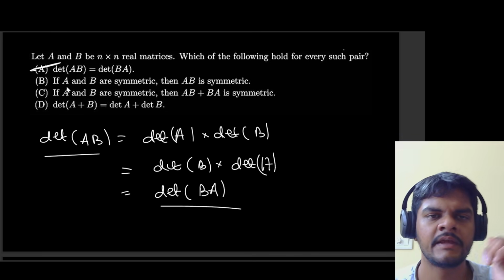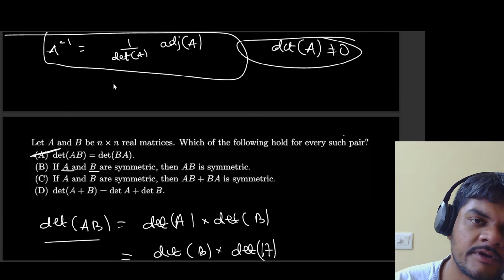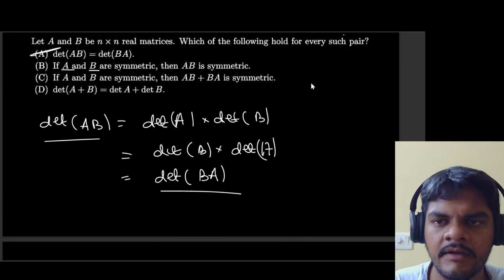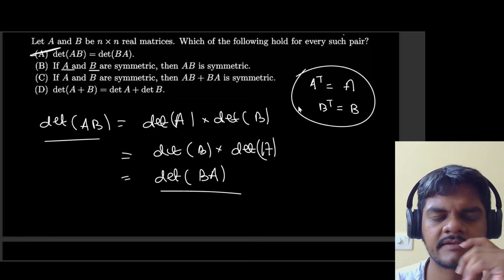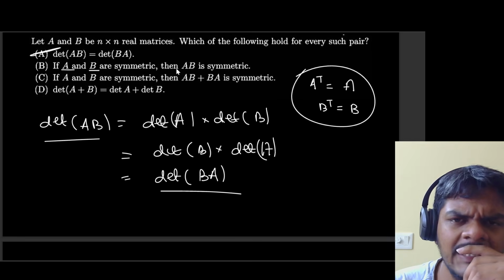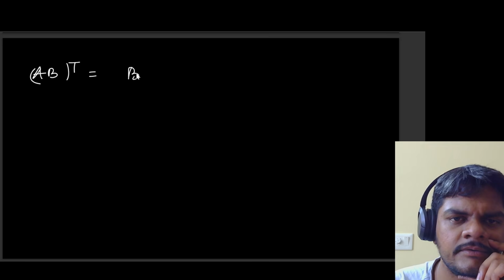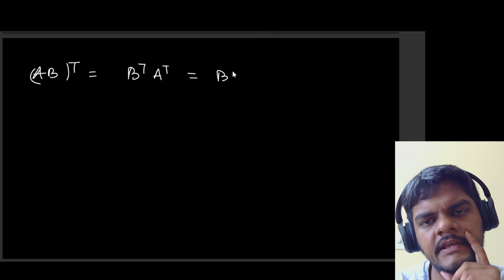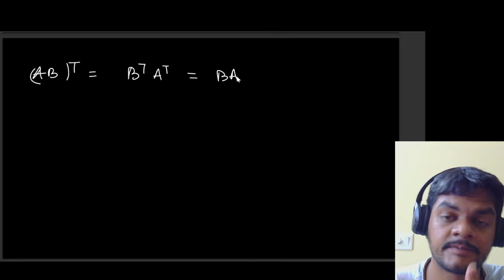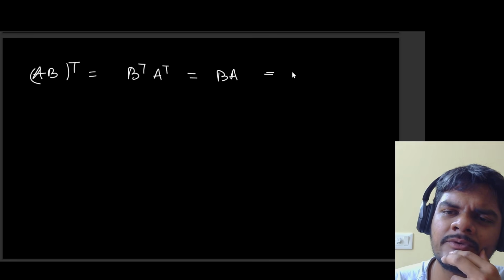Okay. If A and B are symmetric, by symmetric what do you mean? By symmetric we mean A transpose is equal to A and B transpose is equal to B. This is the definition of a symmetric matrix. Then AB is symmetric. Is that true? AB transpose is equal to B transpose A transpose, and that is equal to BA, because B transpose is B and A transpose is A. But is this equal to AB?